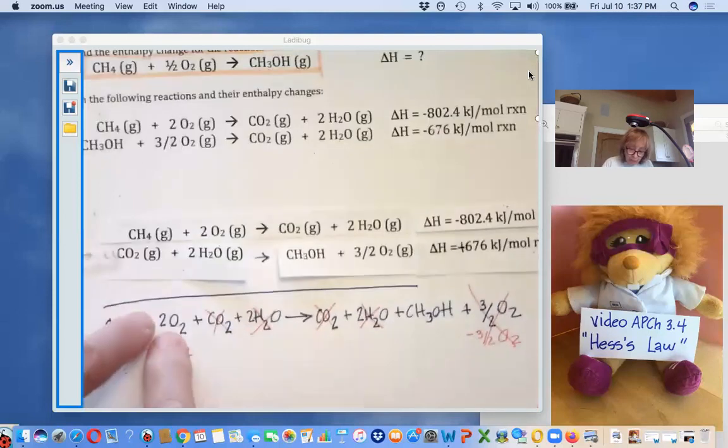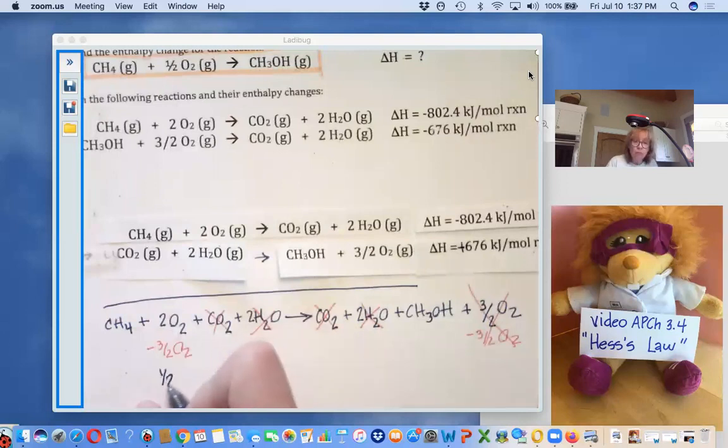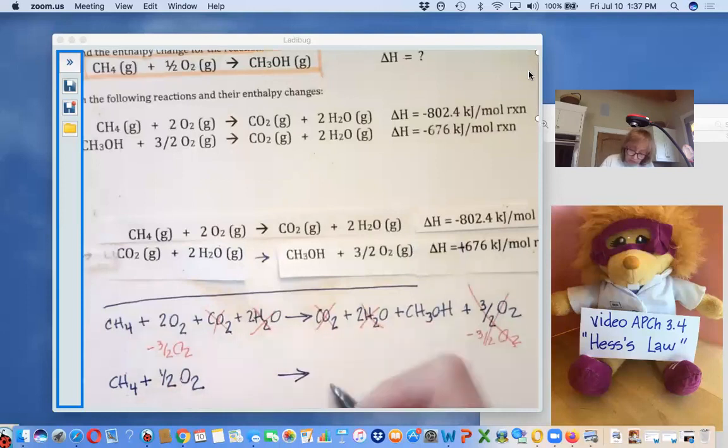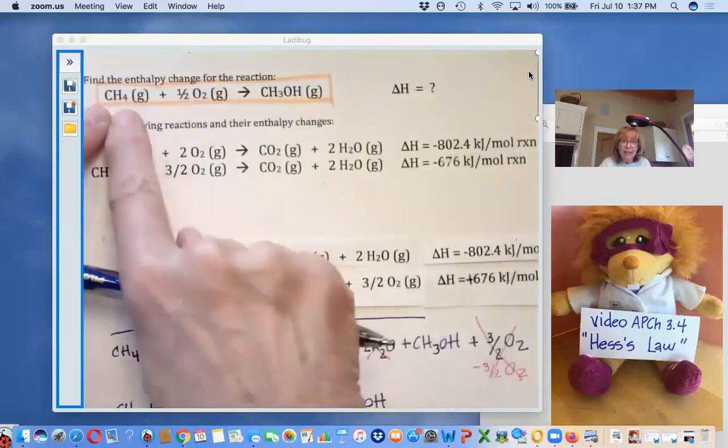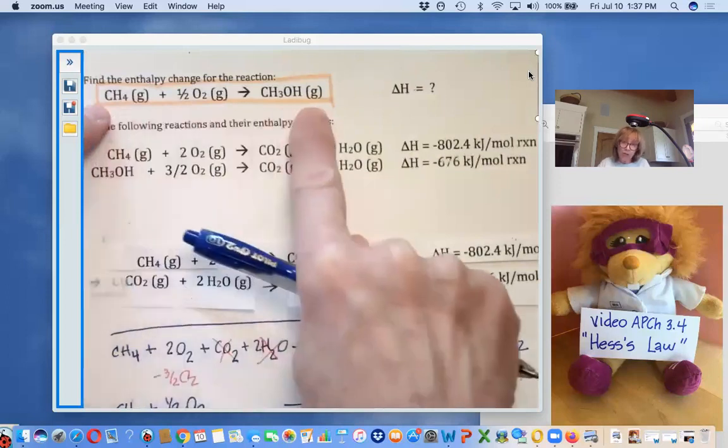And I'm left over here with 1/2 mole of oxygen. I'm also left with methane, CH4, plus 1/2 mole oxygen yields CH3OH. Okay, that is exactly my target equation.